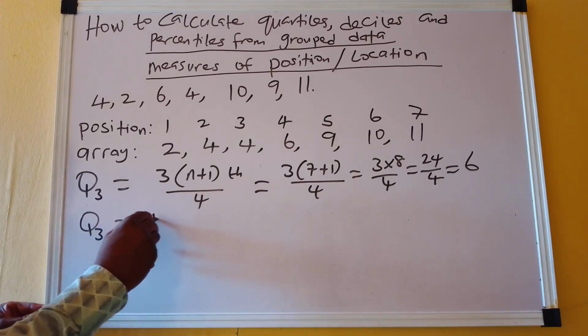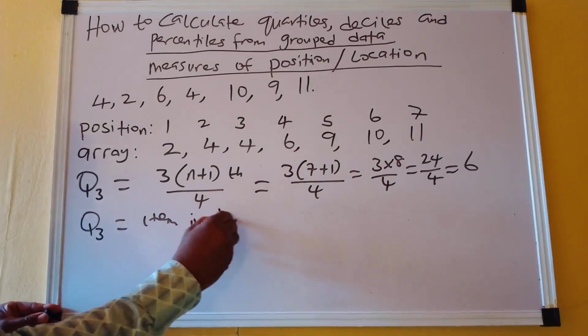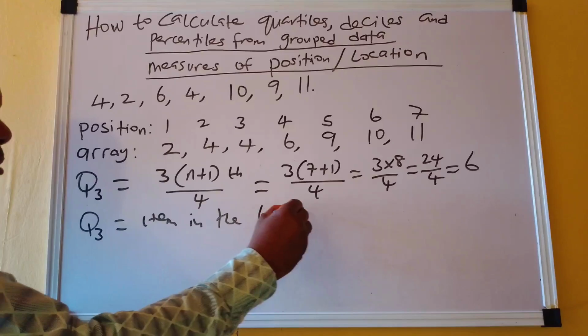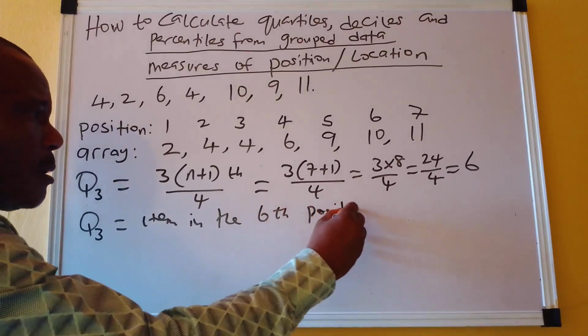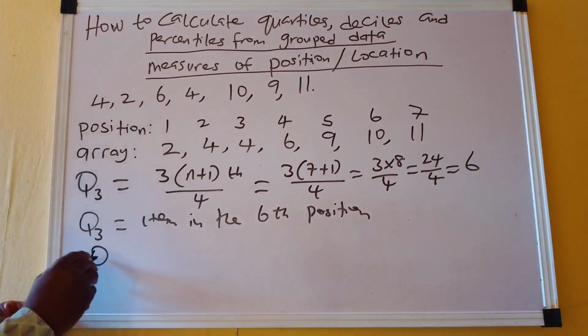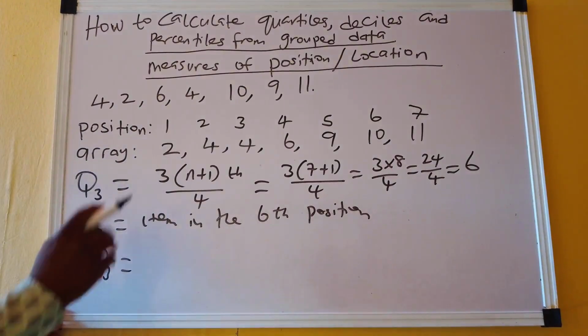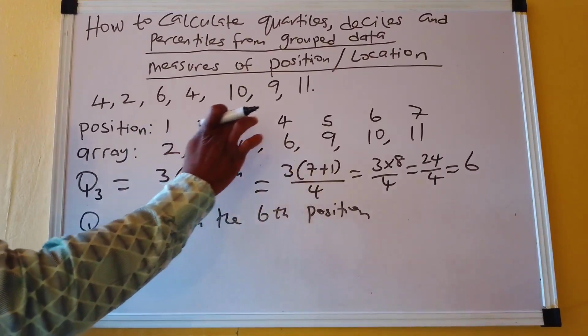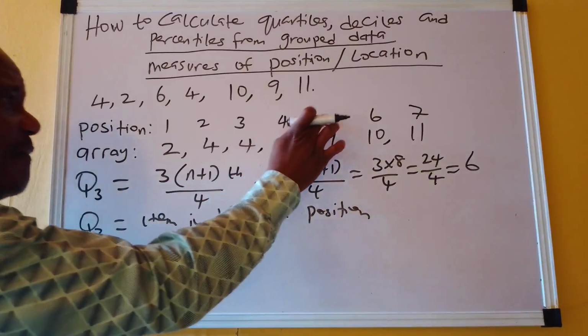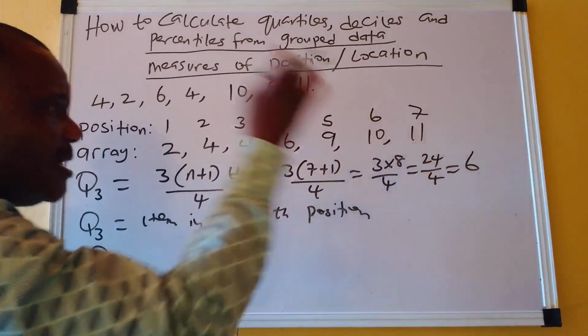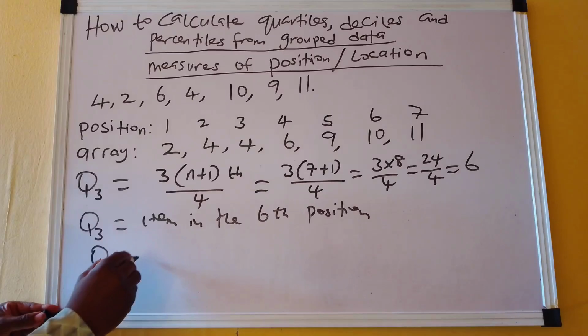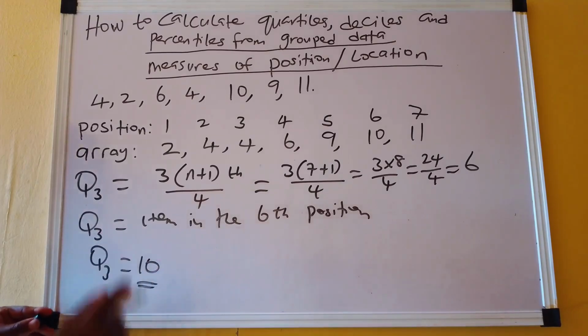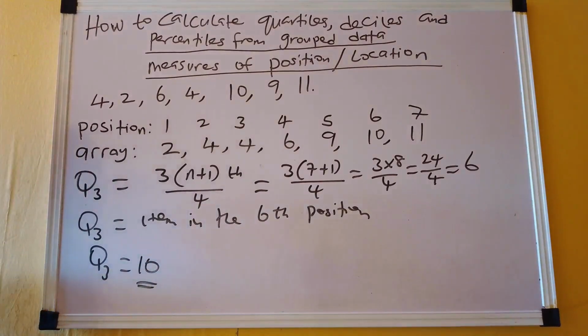Counting: first position, second, third, fourth, fifth, sixth position. The item there is 10. So our Q3, the third quartile, is 10.